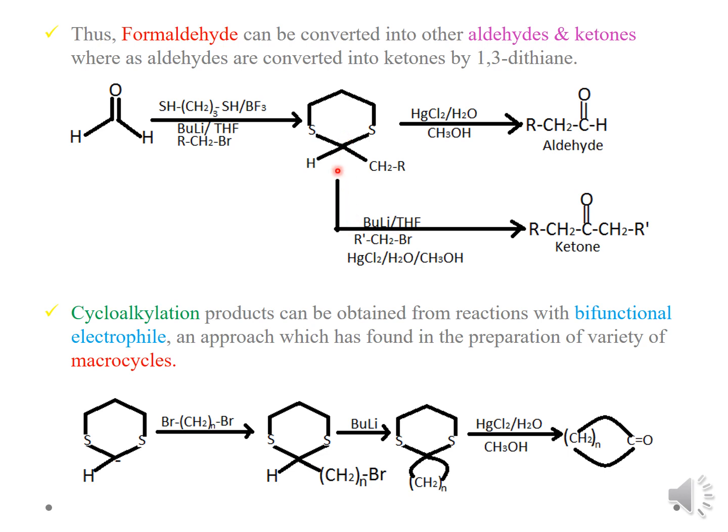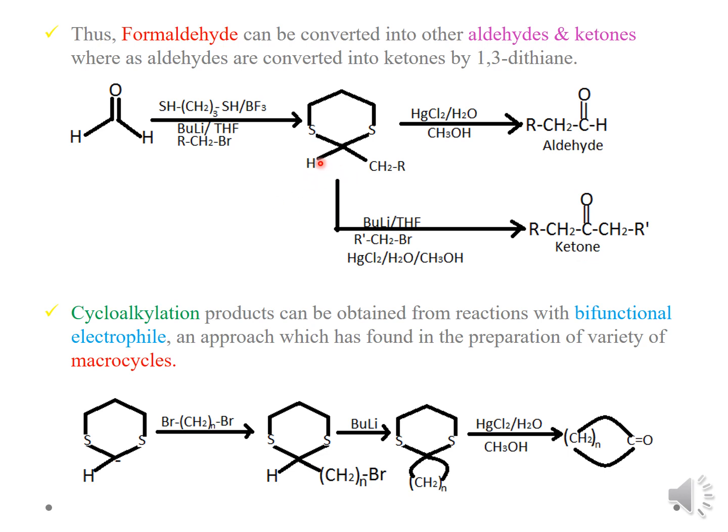Okay, and if you take the same formaldehyde, get this structure first, and treat it with one more molecule of alkyl bromide, and then add mercuric chloride, CH3OH, same conditions, butyl lithium, THF, then you get the ketone molecule.